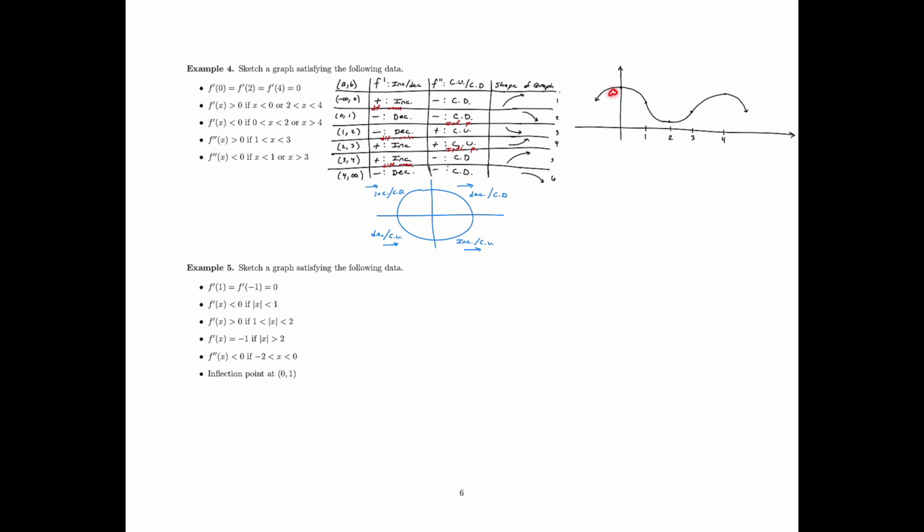So we knew that there had to be a max here, but they didn't say what the value of the maximum is. So this could have been lower, could have been negative, it could have been way higher up on the vertical axis. But this is a graph that satisfies that information and it doesn't contradict it.